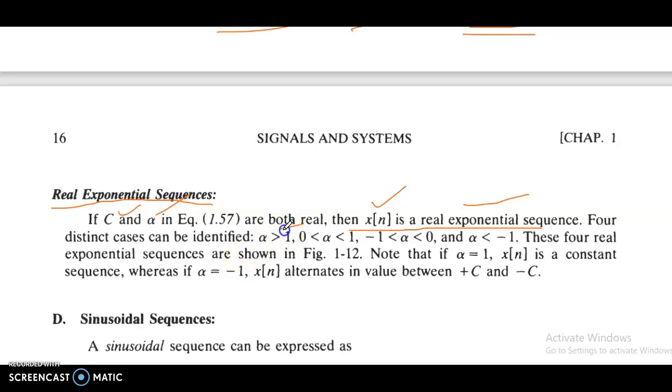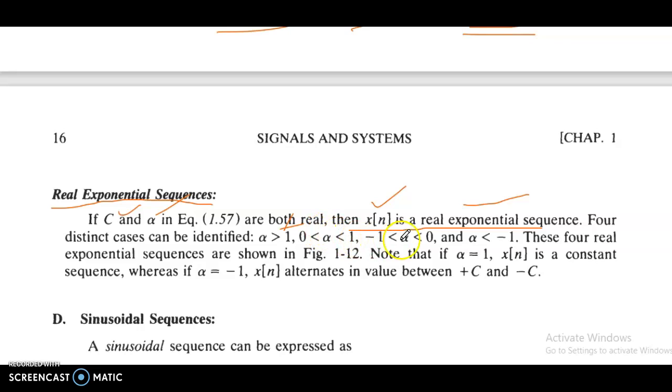Alpha is greater than 1; 0 is less than alpha, alpha is less than 1, that is, the range 0 to 1; and another range, minus 1 to 0, that is, minus 1 is less than alpha, alpha is less than 0.